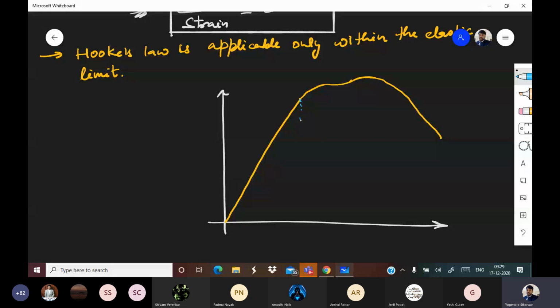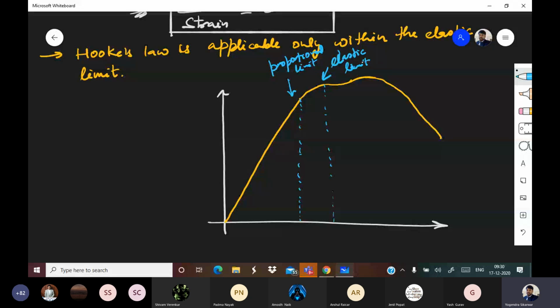Up to this, it is the proportional limit. Okay. Now if you see beyond this also, though proportionality is not there, still the elastic limit is there.